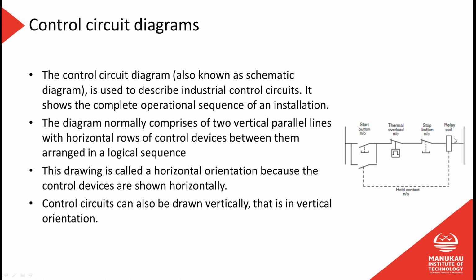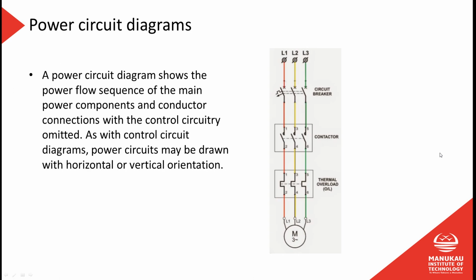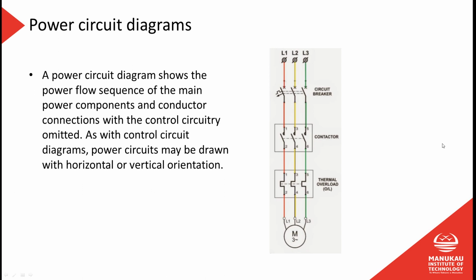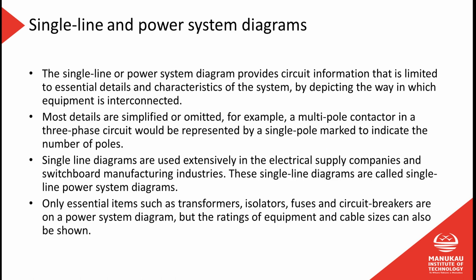Usually a coil would have K, so you draw next to that K1, and then over on this page, next to the contactor, you would have K1. And so that would tell us, if we're looking at two different drawings on different pages, that this control circuit on this page here has coil K1, and that's powering the contactor on this page here. So if I was building this, I'd be able to tell, right, that's the control circuit for this contactor.